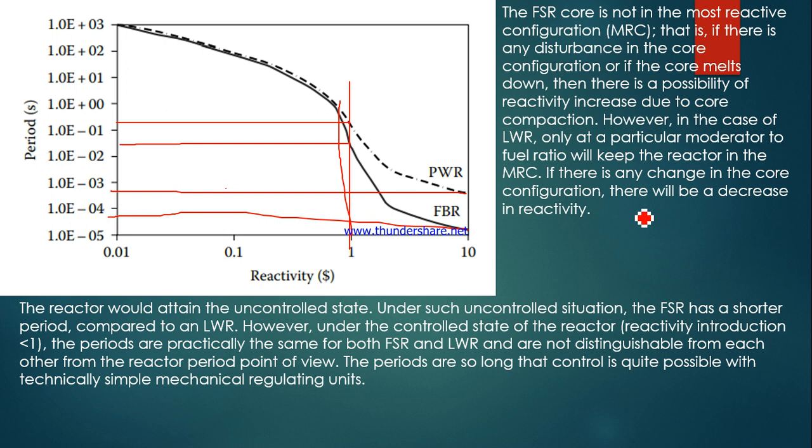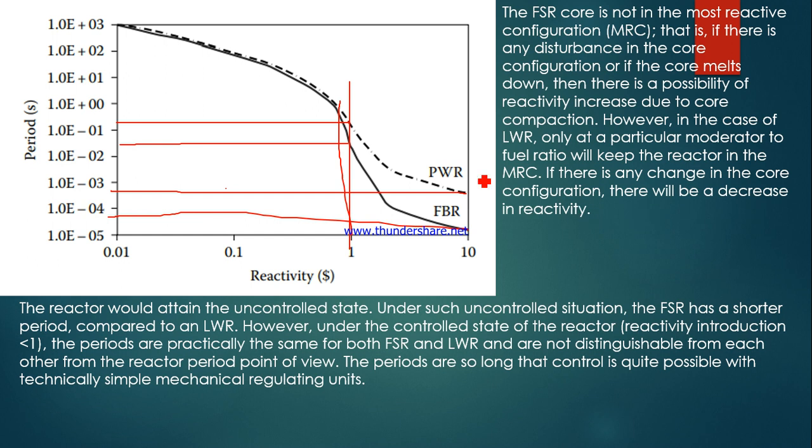But here there is a possibility to see the transient, because in case of disturbance, perturbation, or if the core melts down, then a sudden increase of reactivity will be there.